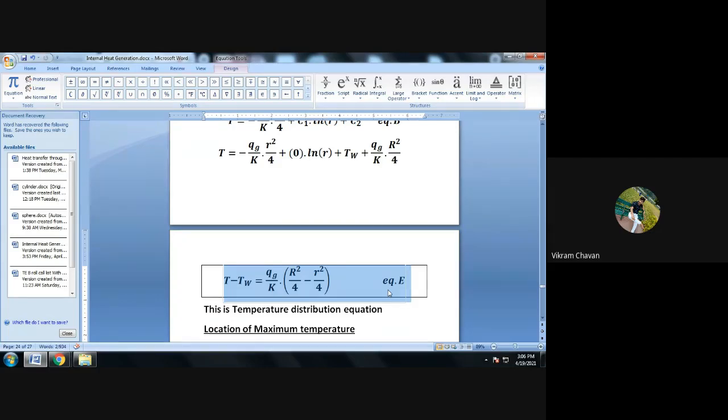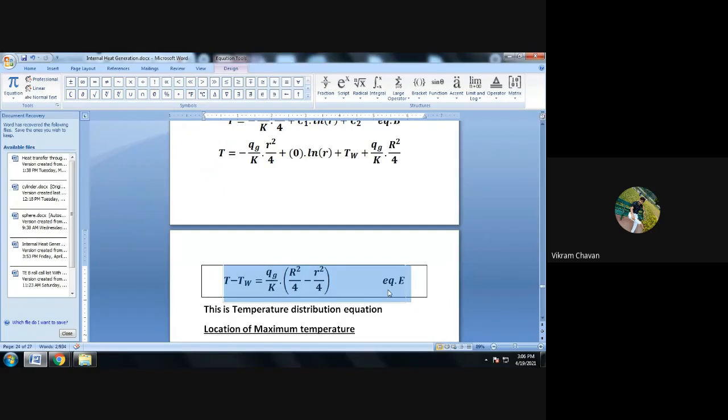And whatever heat is dissipated to the surface will be transferred to the surrounding. If you consider that, then you have to apply Newton's law of cooling and equate that equation to the heat transfer to the surface.